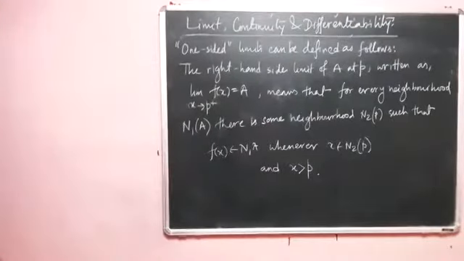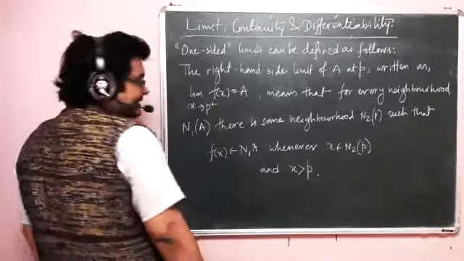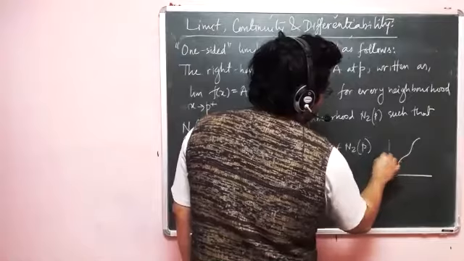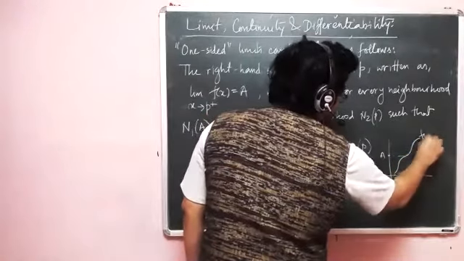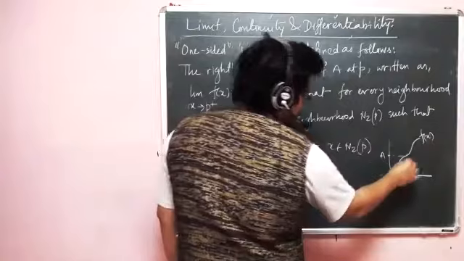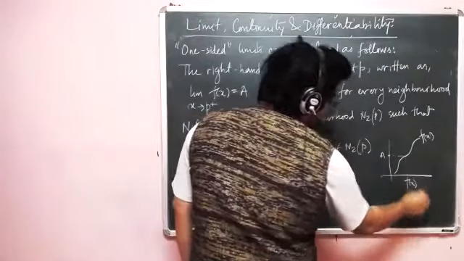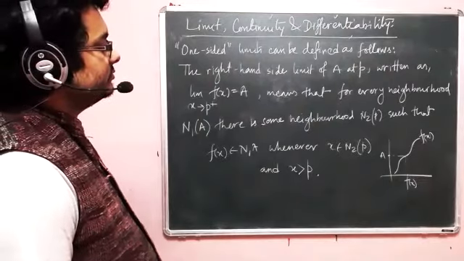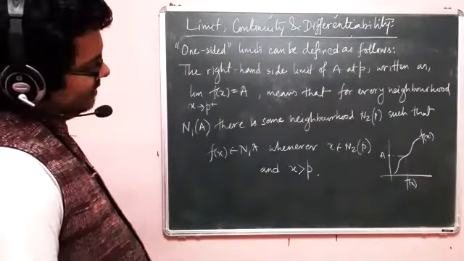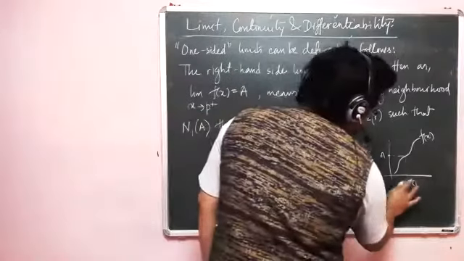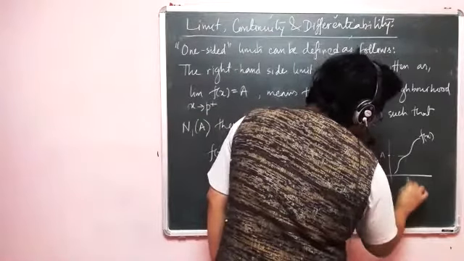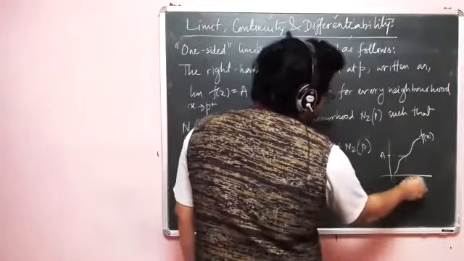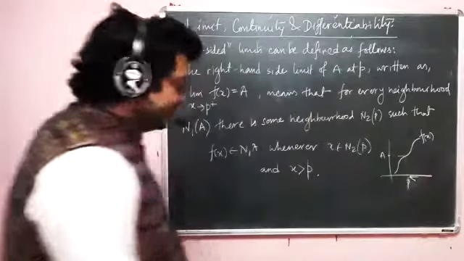So if we talk about diagrams, if this is a function and this is my A, and this is my f(x), and if this is my P, then I am on the right side, so I'm coming from the right side to P, right?